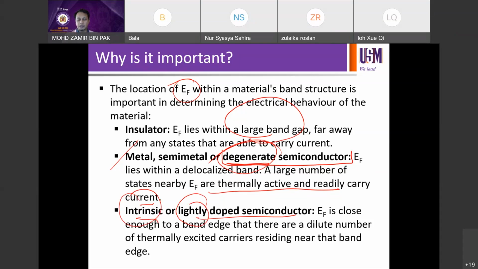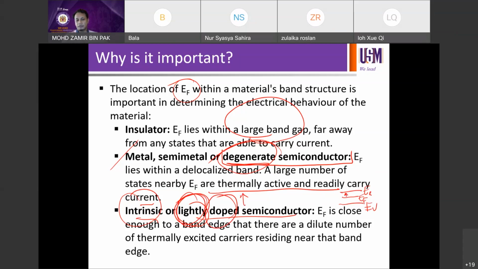We discussed briefly yesterday that when you have, say, this one is your EC, this one is your EV, and this one is your EF for intrinsic silicon, for example. Then if you dope the silicon to N-type, when you increase the doping level, you're going to see the EF start to move towards EC for N-type.